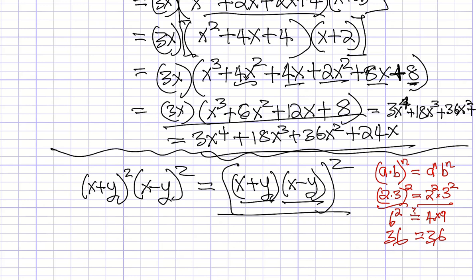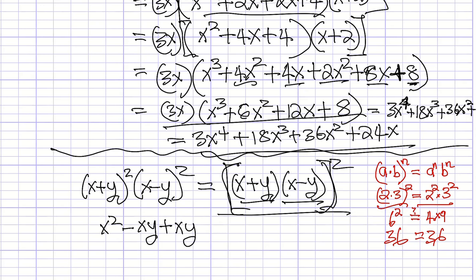And then we'll multiply the stuff inside that big bracket. We'll multiply it out. What do we get? We get x times x squared. X times y, it will be minus xy. Then y times x, it will be plus xy.